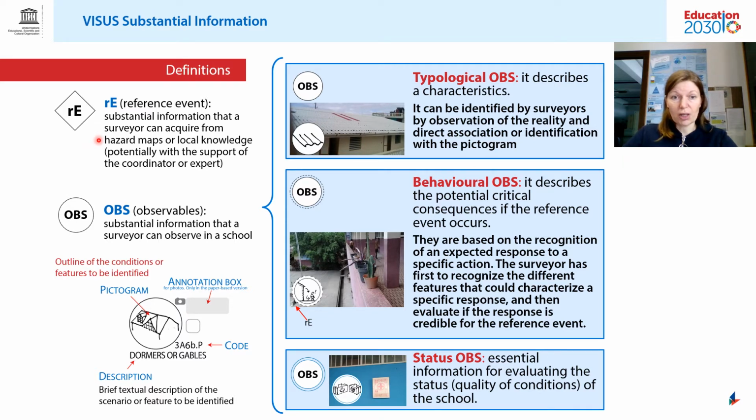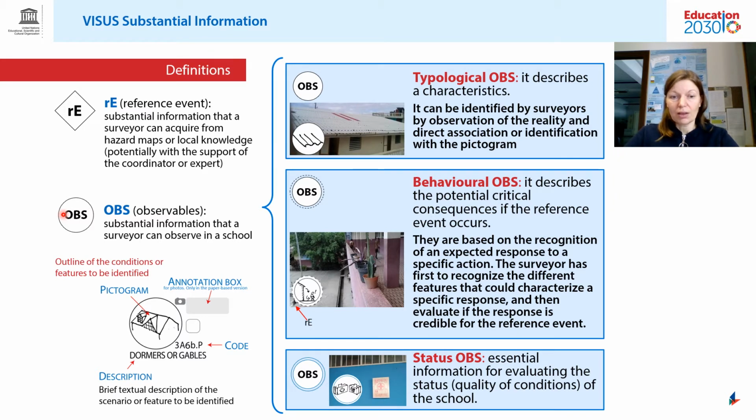Substantial information, and the surveyor can acquire this information from other maps or local knowledge, and usually this information is acquired with the support of a coordinator or an expert. Then there are the VISUS OBS, the observables, that are the substantial information that a surveyor can observe in a school.